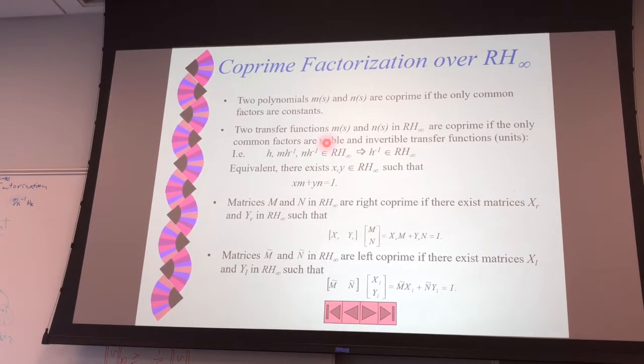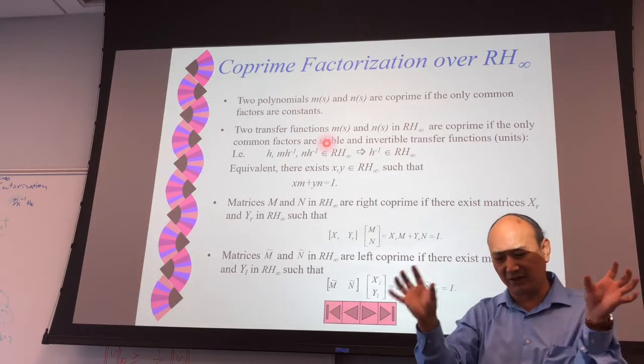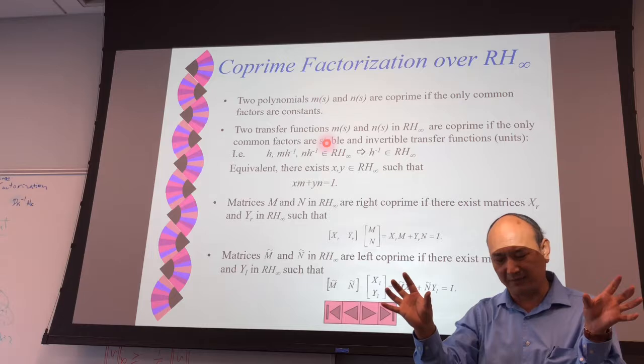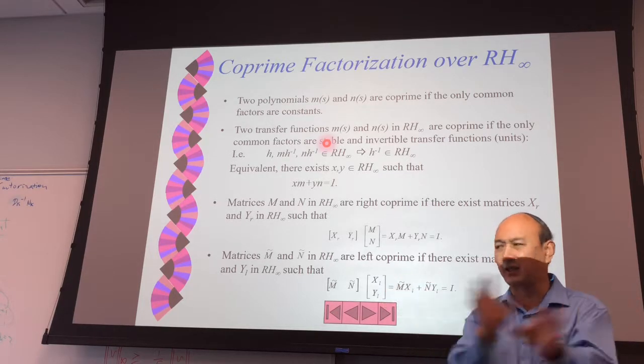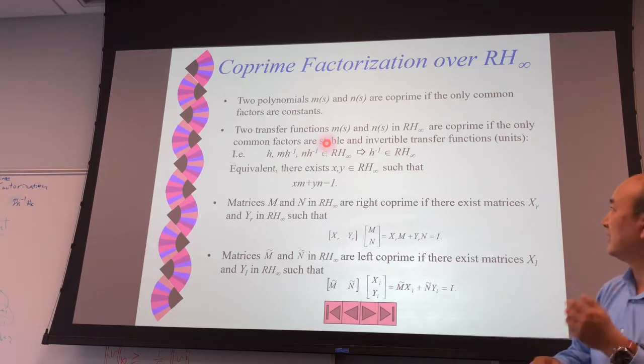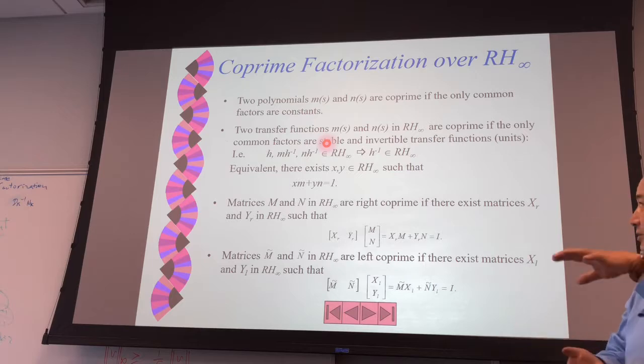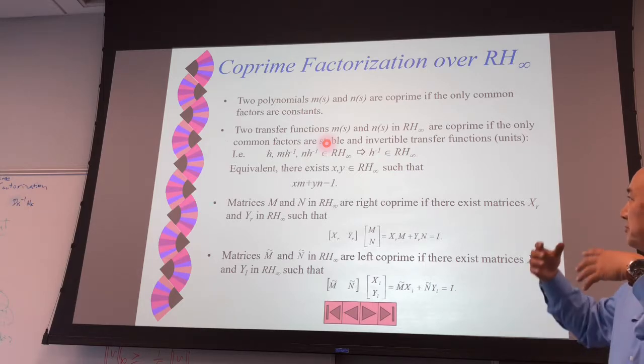Remember the first bullet point: if you have two polynomials that are coprime, then they cannot have common factors. But let's assume M and N are no longer just polynomials, but ratios of two polynomials. These are two transfer functions.